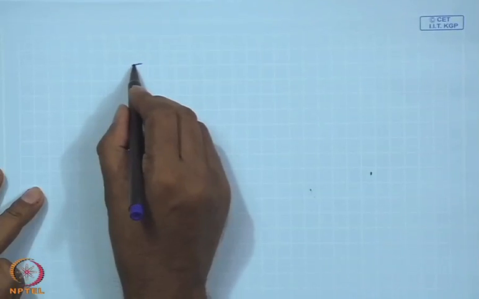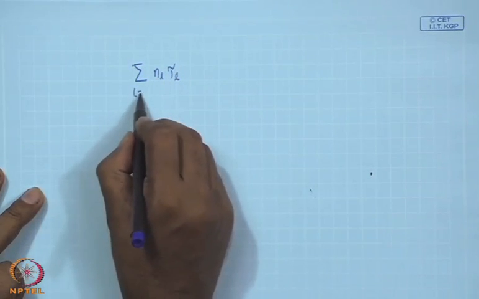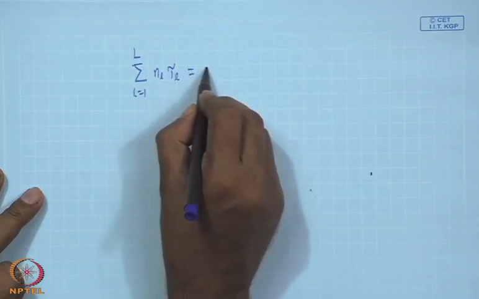I think you can prove the second one also. What about the first one, why is it 0? What I mean to say is, we are saying that the sum total of N L tau L, L equal to 1 to capital L, is 0.